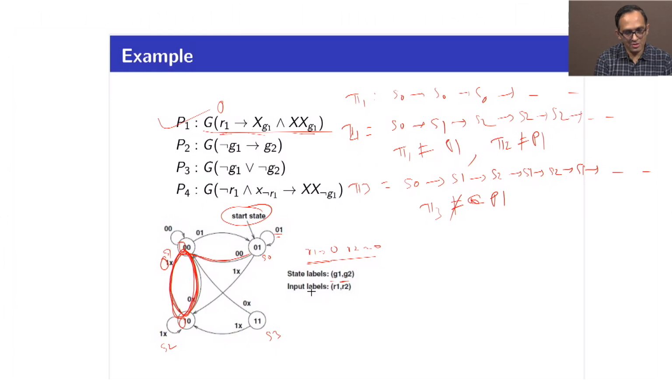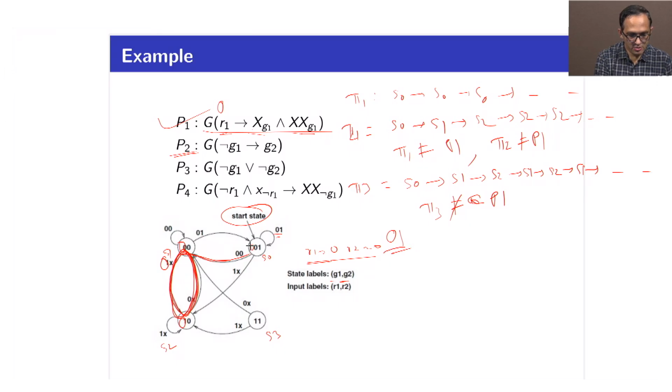Now, you think about taking any property, let us say P2, which is basically: if not G1 then G2. So, that means if G1 equal to 0, then G2 must be 1, only then this will be true, right. So, this is the 0 1 state.